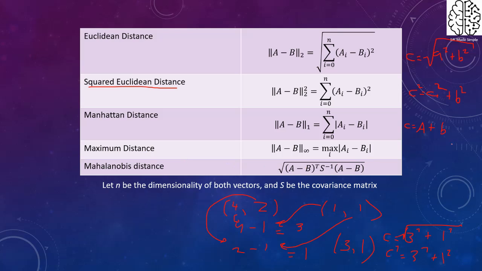Maximum distance I don't really like, just because it doesn't involve all of the numbers. It just involves the furthest one. In this case, 3 is the biggest value in this vector, so the distance is 3. Each of these will return different results, but they'll be about the same proportionally. And the last one, I can never pronounce correctly.